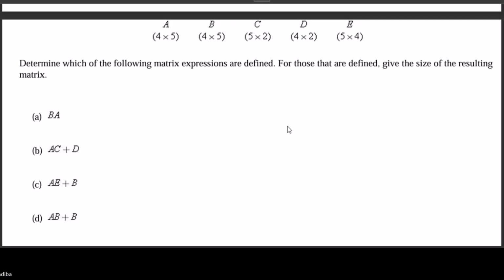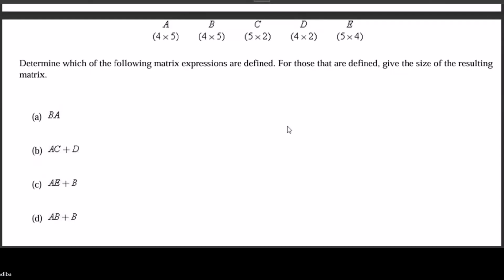Yes. Thank you, problem solver. TK, back at you. What are we saying about number C? AE is defined but AE plus B is undefined. Please come back again. It's undefined, the whole thing.